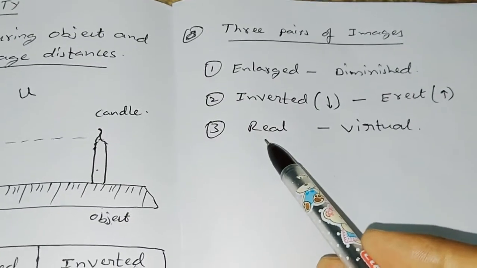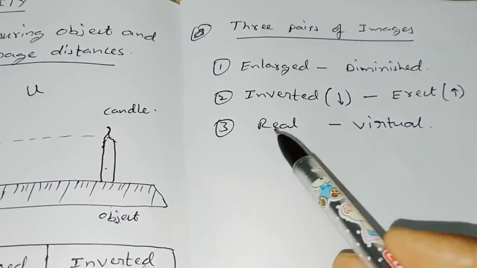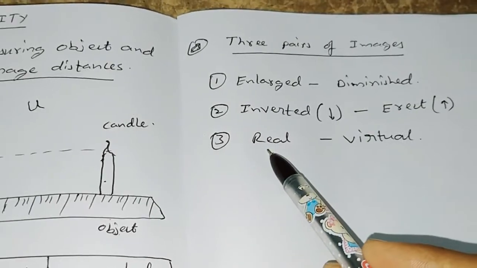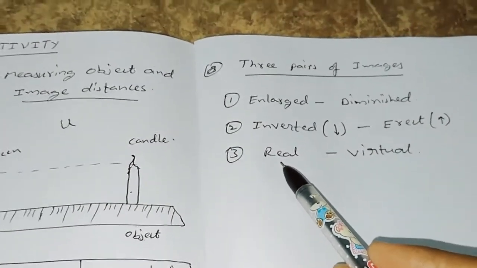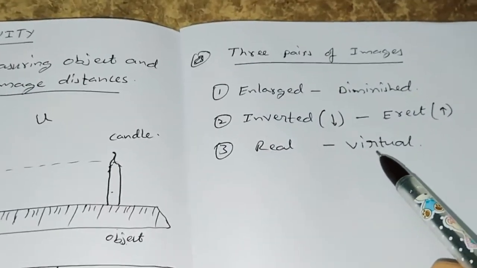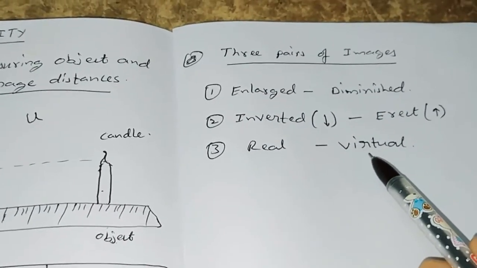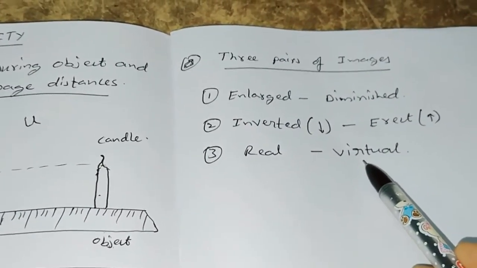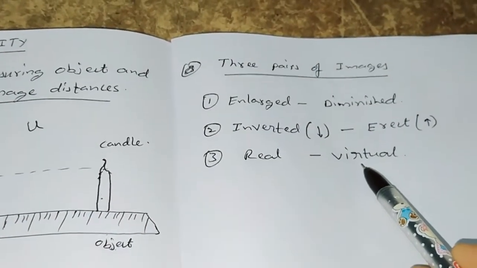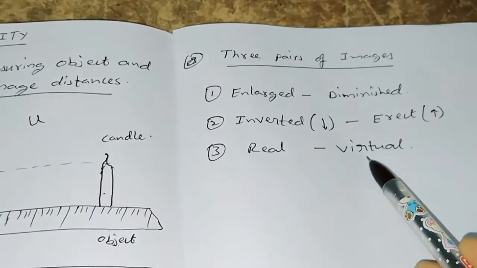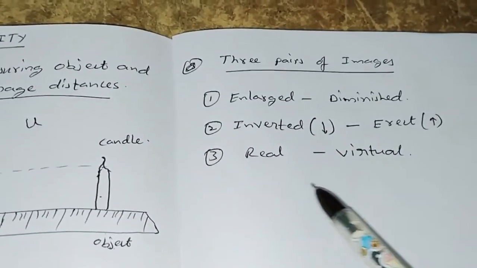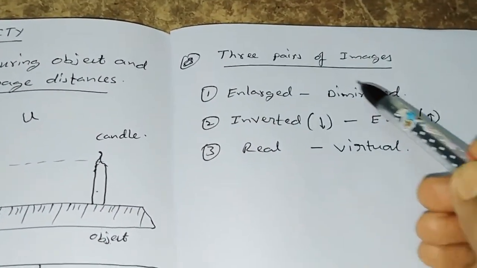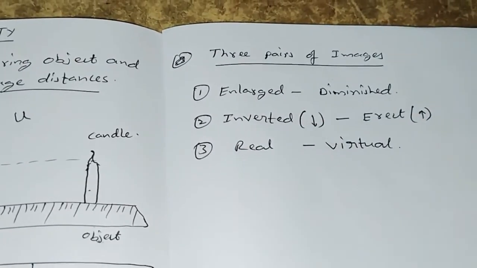Next, what is meant by real image and virtual image? Real image means if we can catch the image on a screen, then that image is called a real image. If we cannot catch the image on a screen, then that image is called a virtual image. So like this we can discuss the three pairs of images, 3 twos are 6 different types of images.